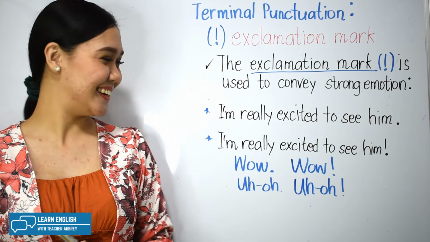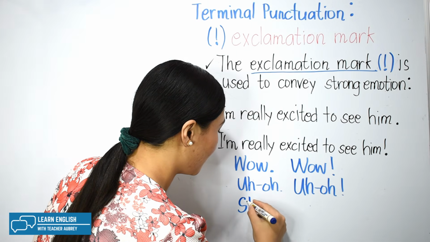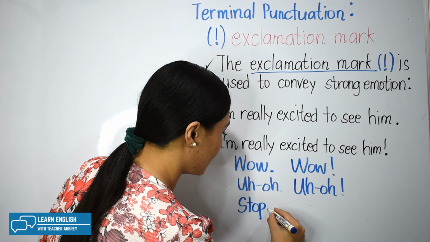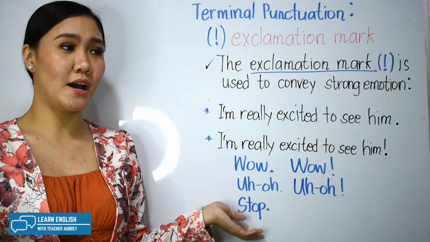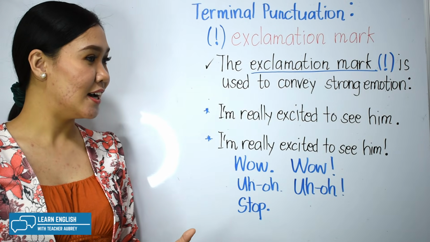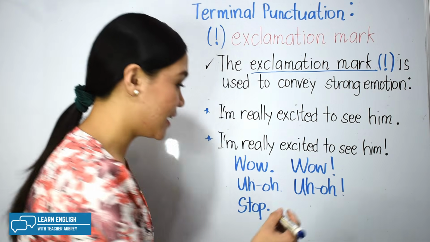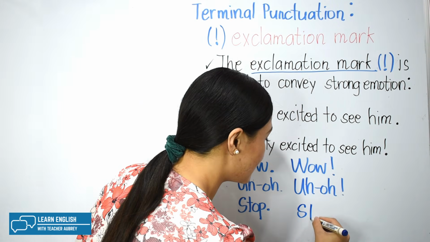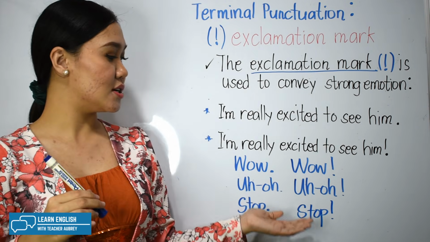Okay? Ano pa? Maaari kang sumigaw. Sinabi mong, stop. Stop, wala kang emosyon. Pero dahil gusto mong sigawan siya at patigilin siya, ang dapat na gamitin mo ay exclamation mark, which is this one. Kaya pag binasa na yan is, stop!